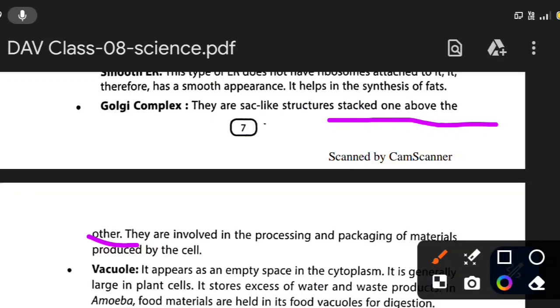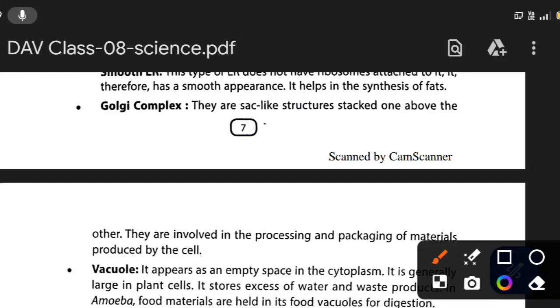Stacked together means arranged together, like a column, a ring-like structure. They form a ring-like structure, and they are involved in the processing and packaging of materials produced by the cell.